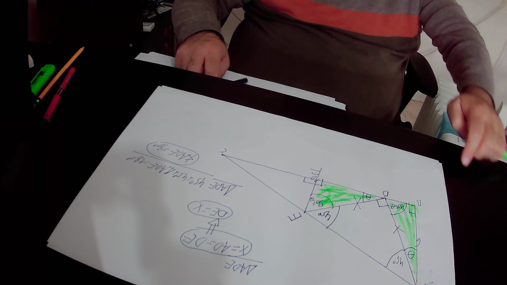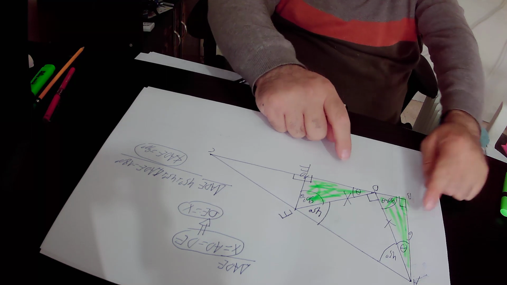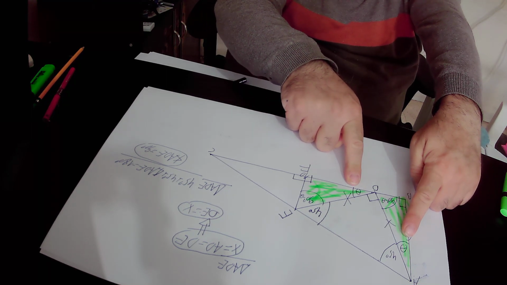Why can those two right green triangles go into each other? First of all, we have two angles that are equal to each other, they are both equal to theta.